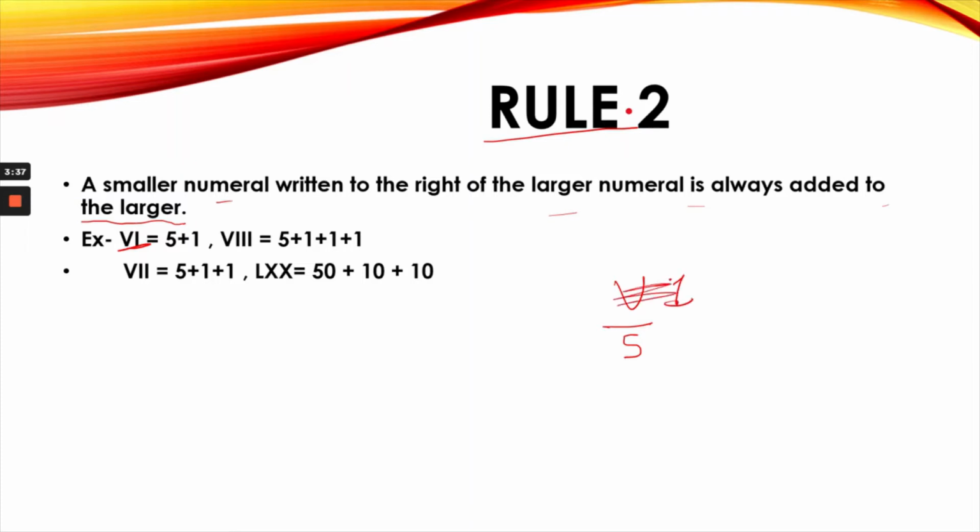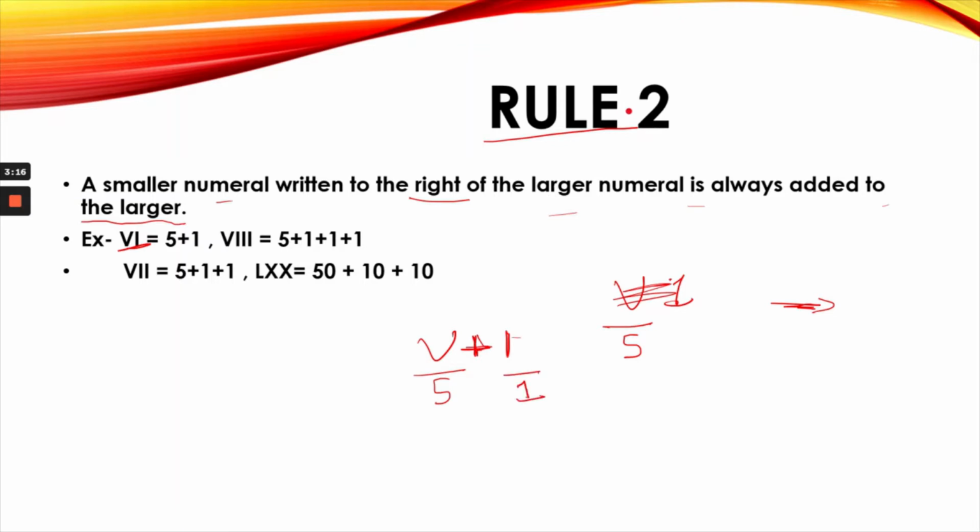V and I. So V means 5, and if I is written to the right side, then it will always be added. It will always be added to 5: 5 plus 1.